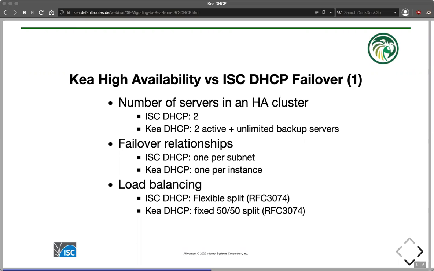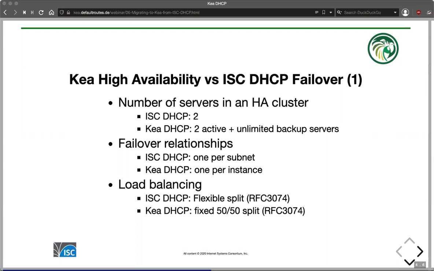For failover relationships, for ISC DHCP, there's one failover relationship per subnet. So you could on a per subnet basis have multiple, that is more than two, ISC DHCP servers doing failover. I've never really seen that being used because it would also be a quite complex configuration.